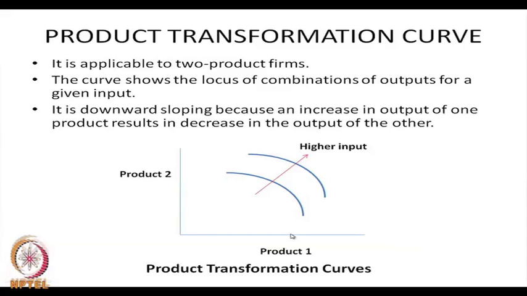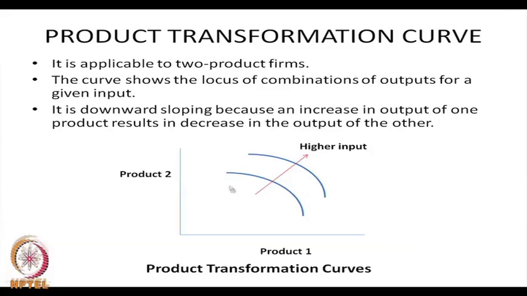For example, let us say by using 10 lakh rupees, we could produce this amount of product 1 and this amount of product 2, or we could produce more product 2 and less product 1. And if we spend more on input, instead of 100 lakh, suppose that we spend 200 lakh, then we could produce more of product 1 or more of product 2, but the curve will be a higher curve.